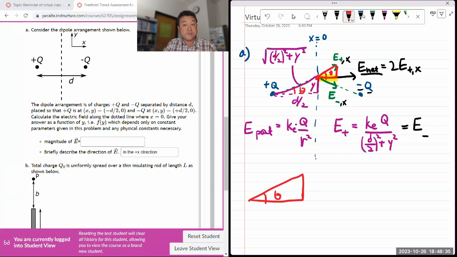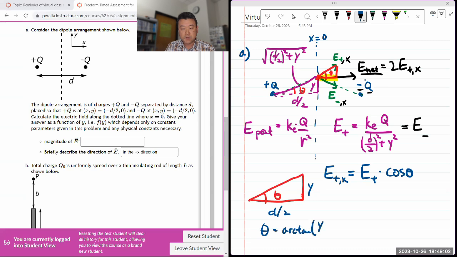In terms of the mathematical expression, the x component will be the magnitude times the adjacent side, so it should be cosine theta. And I know the two sides, y and d over 2, so I can say theta is arctangent of y over d over 2.